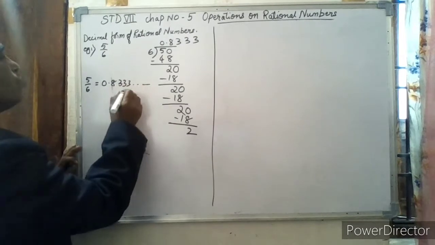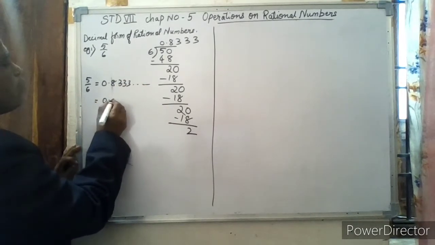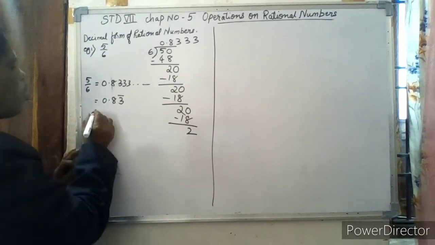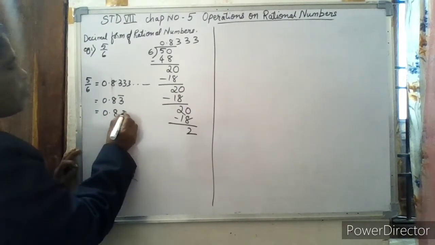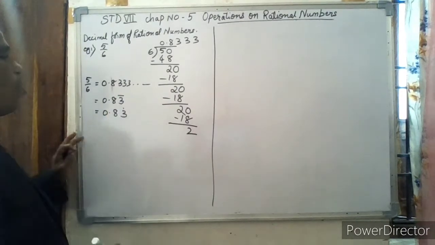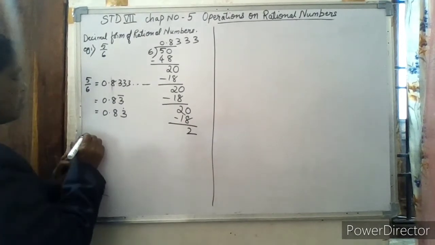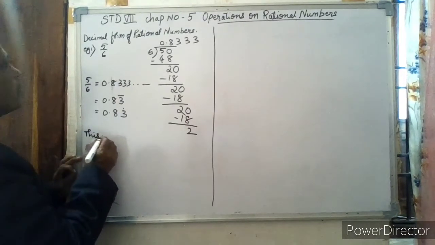So therefore we can also write it as 0.83 recurring, giving a bar, or we can write it this way, 0.83 with just a point on the number which is recurring. So this is the decimal recurring form.